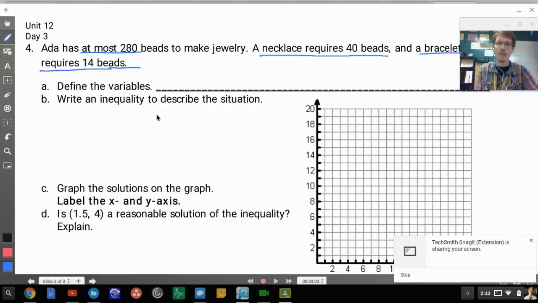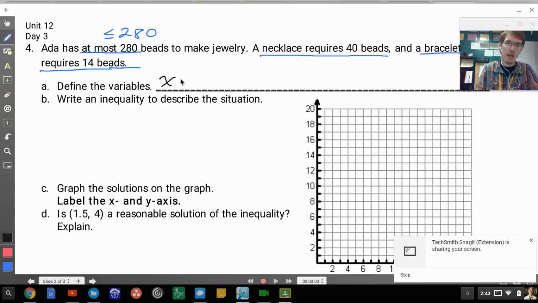Now, at most means we can have that much or below. So we need to be less than or equal to 280. We're capping it off. We can't go any more than that. We have necklaces and bracelets, two things we don't know. We don't know how many of each.